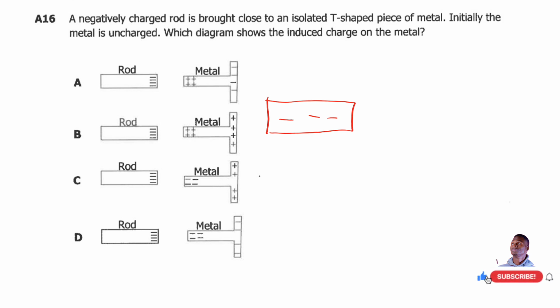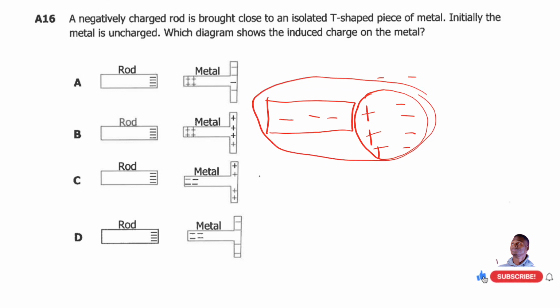All right, it has to be in contact for you to charge. And if it's in contact, then there will be repulsion. The electrons will move towards the right, and the positive charge will be on the left. Now this is by conduction. Conduction means there is a point of contact.